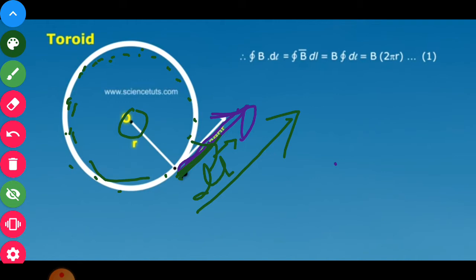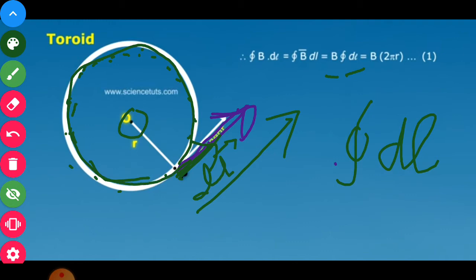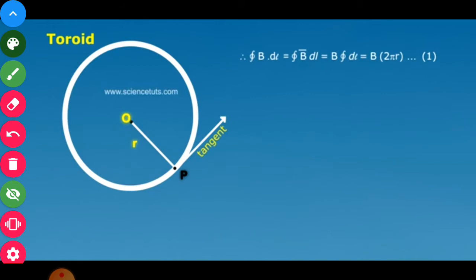Now B is constant, we take it out from the integration, and the closed integration of dl will give you the length of the whole loop, which is equal to 2 pi r.